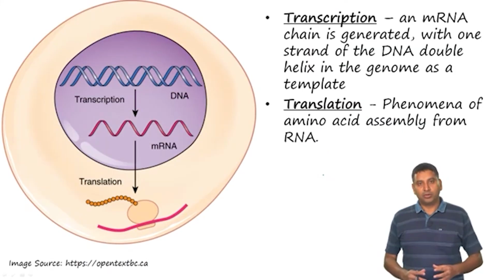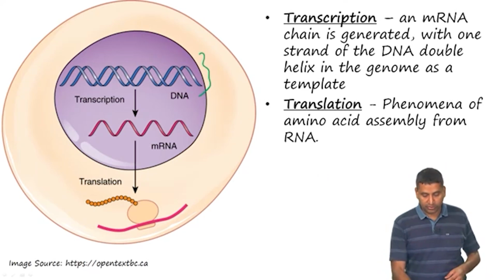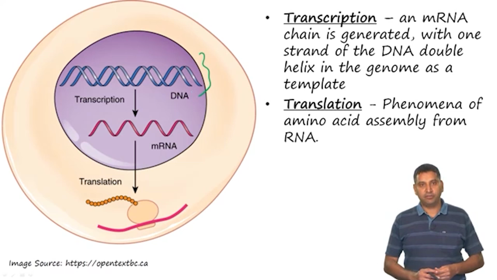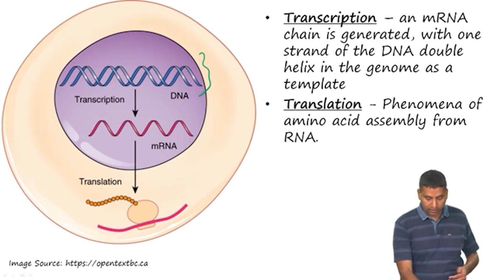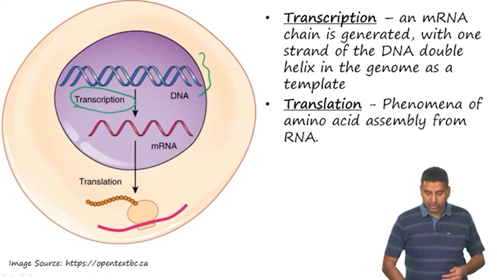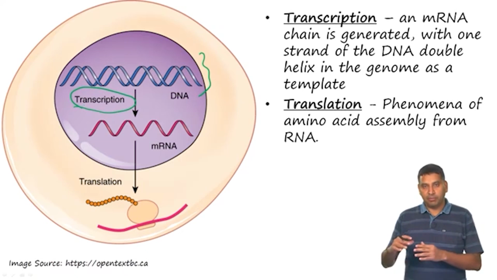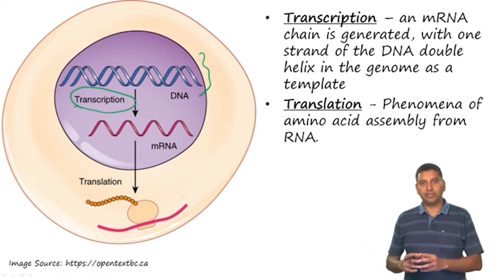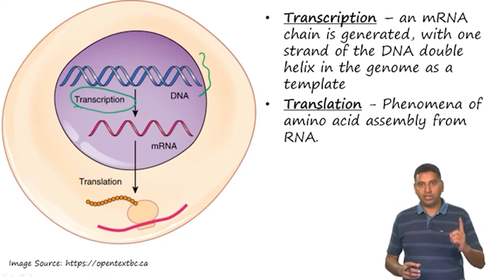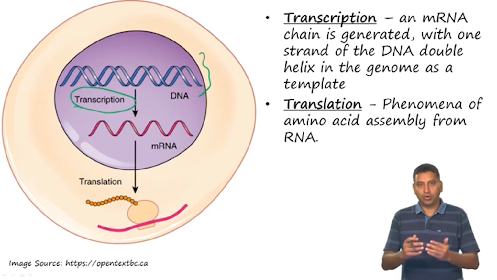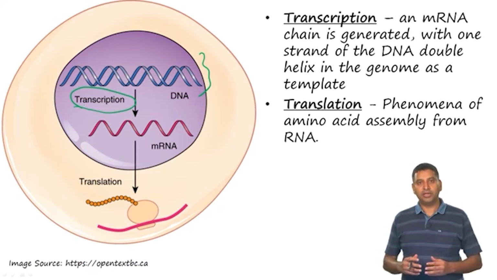In order to look at the big picture, let us look at a cell. Inside the nucleus is the DNA, as I mentioned earlier, which contains the genetic information, and through the process of transcription, which is nothing but generation of an mRNA chain. mRNA is messenger RNA, which has one strand containing the information or the code from the parent DNA.